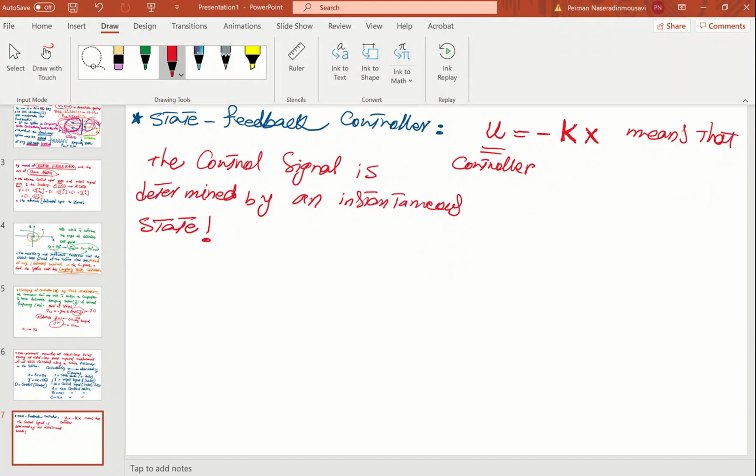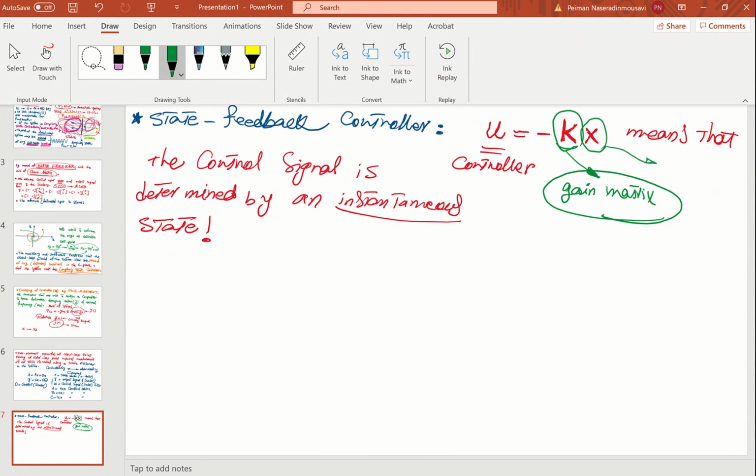Bingo. What does it mean? First of all, K is the gain matrix. In the state feedback, our function is to determine the gain matrix. This is the whole thing, even when I teach you the LQR controller using state feedback, you have to determine this K matrix. And X is the state vector.